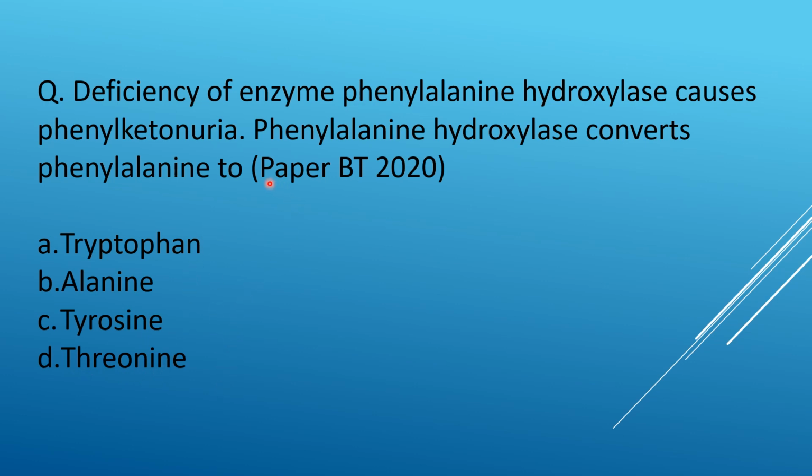This is a question from the Biotechnology paper 2020. We'll have a discussion about this question in my next video. So you can have time to discuss this question with your friends to find the answer, and you can wait for my video to understand more about this question.